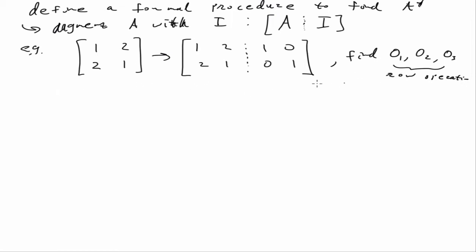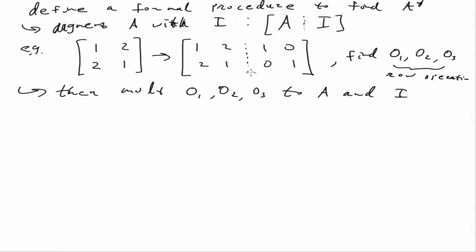But then when I multiply O1, O2, and O3 to A and the identity sitting next to it.